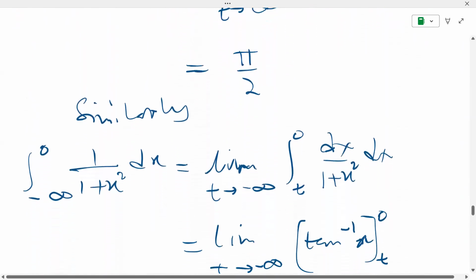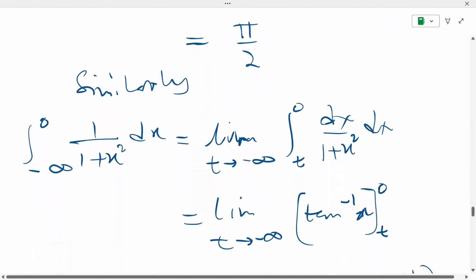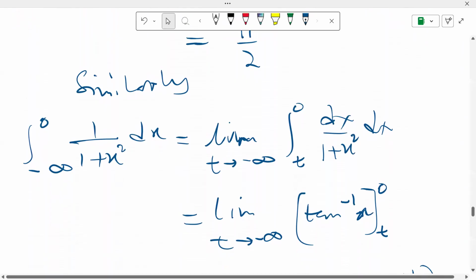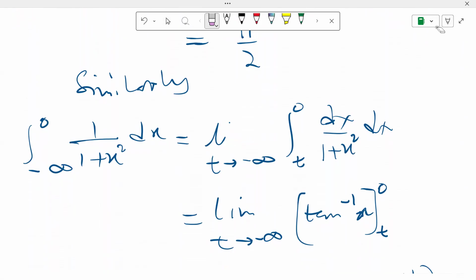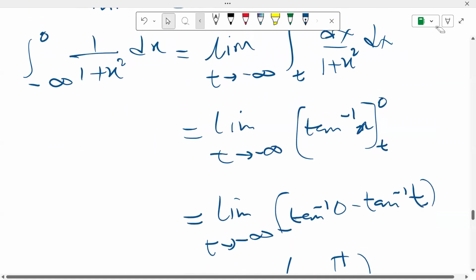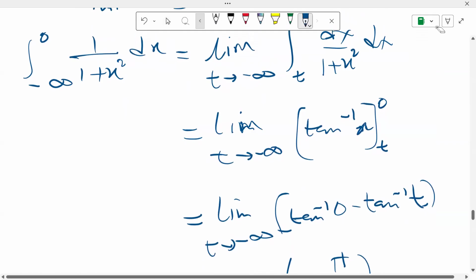Revise your trig. All right. So that does it for this question.